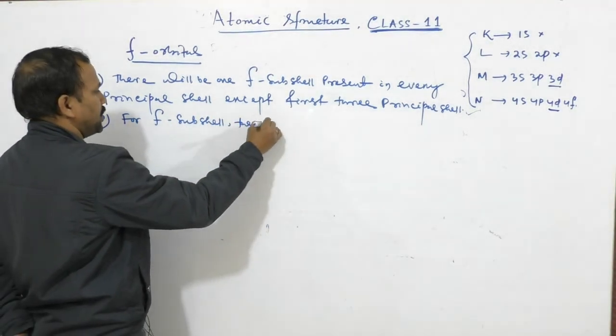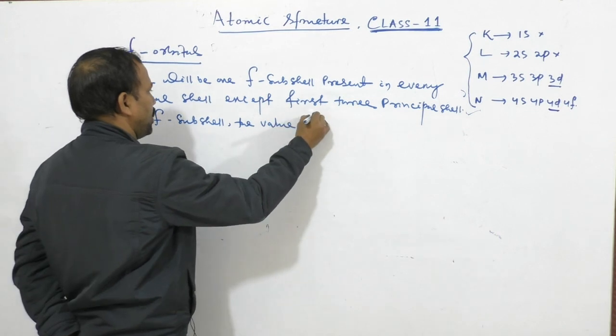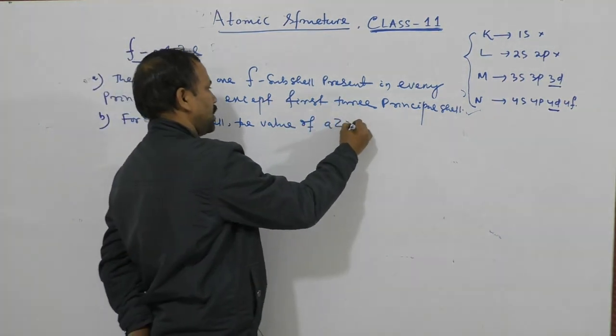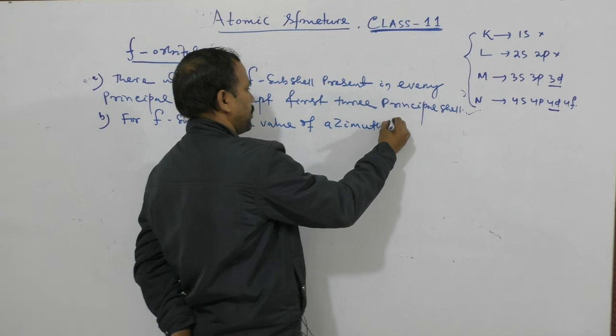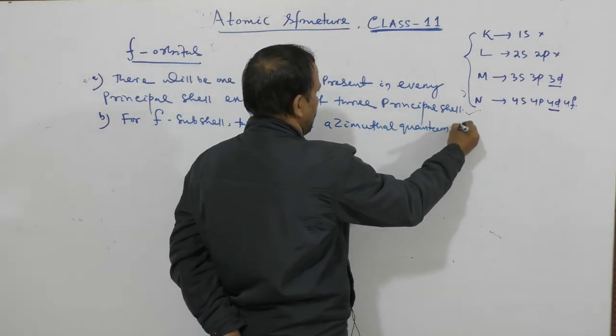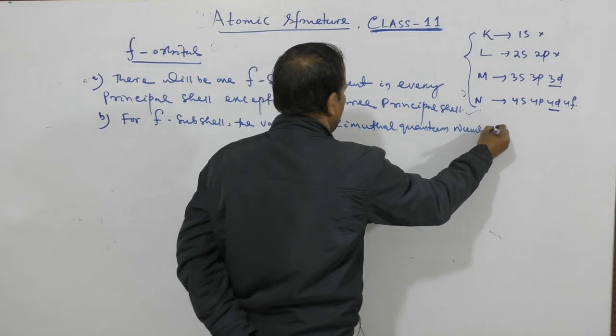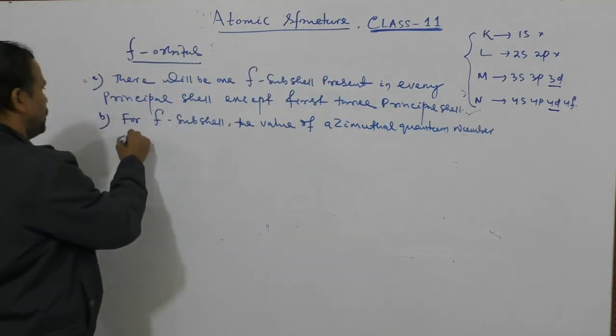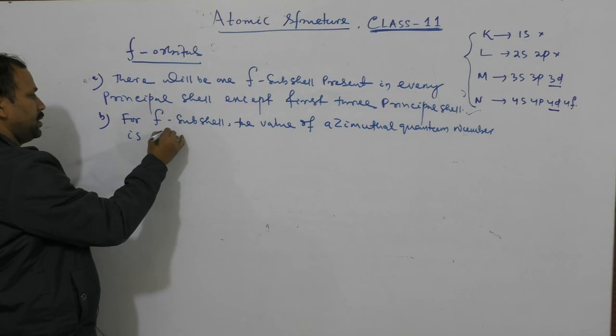The value of azimuthal quantum number is 3.